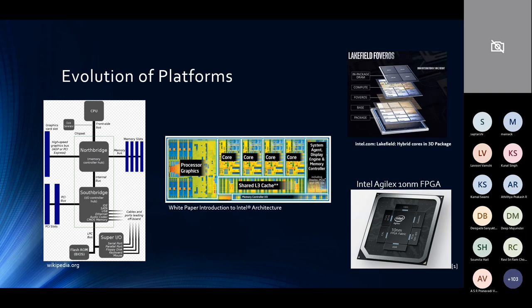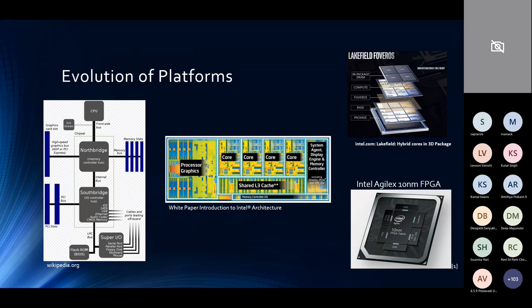So this slide shows the evolution of platforms in a very simplified manner. The picture you see on the right is a good old days platform we used to see in the form of PCB integration. We had a CPU, which could be a regular desktop PC chip.